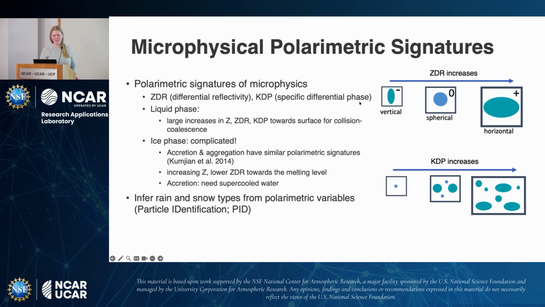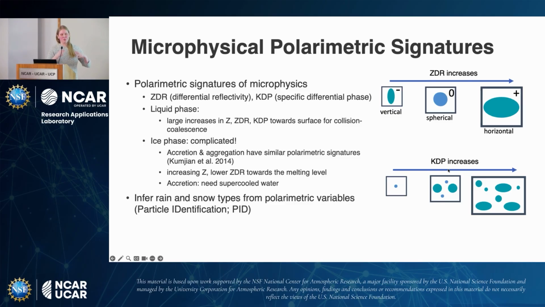So in this cartoon here, as ZDR increases to positive values, your raindrops are more oblate. They look more like pancakes, so horizontal, which refers to big drops, which is how they grow. KDP, which is the specific differential phase: as KDP increases, your rainwater content increases. So you have both bigger but also more numerous drops. And so it's strongly related to the rainwater content.